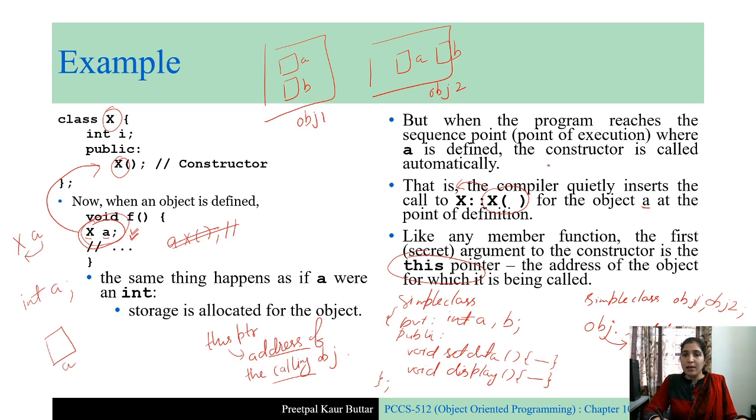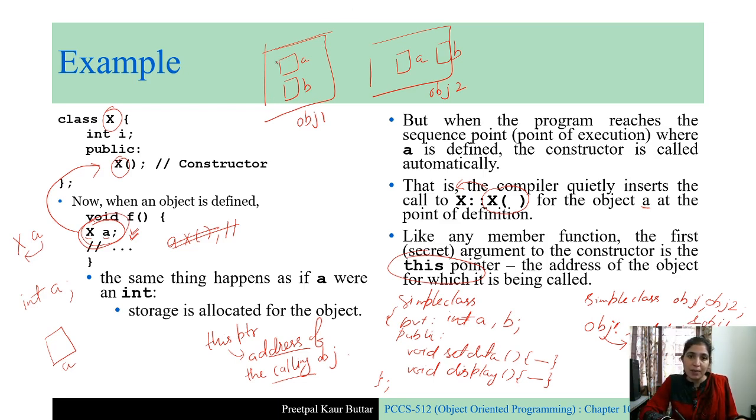And whenever we are calling set data through an object, then we need to tell the compiler whose object we are calling, so that it can modify the data of that object only. So when you are calling obj1 dot set data, then secretly it is also passing the address of obj1.